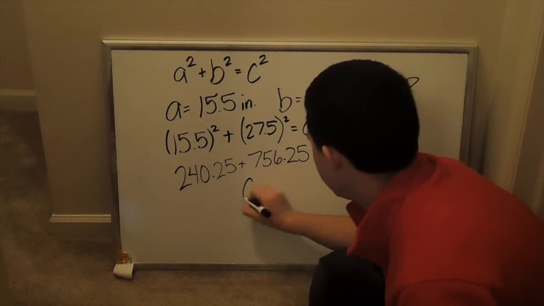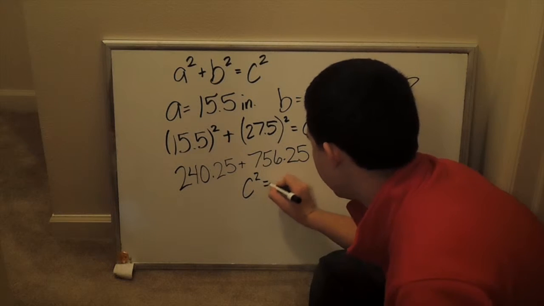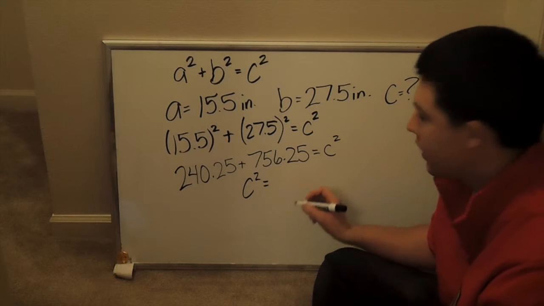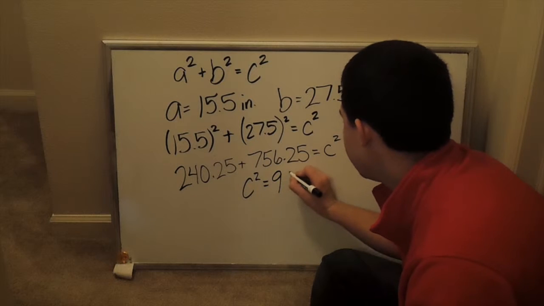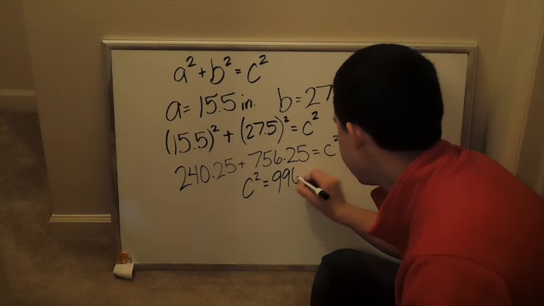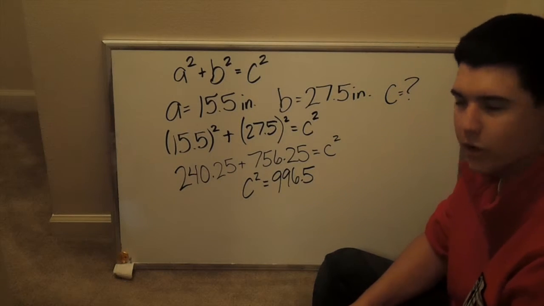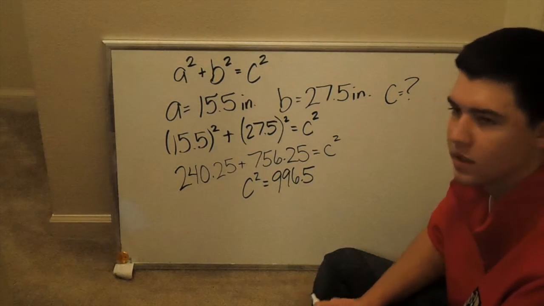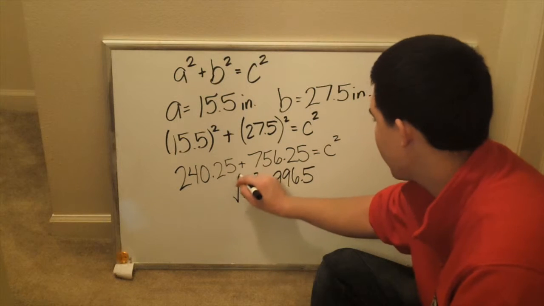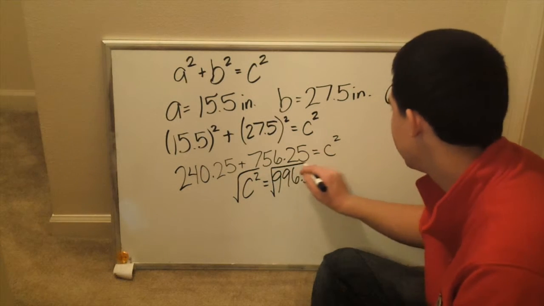And so if we add those together, we know that c squared is going to equal 996.5. So in order to figure out what the c is, we'll take the square root of both sides.